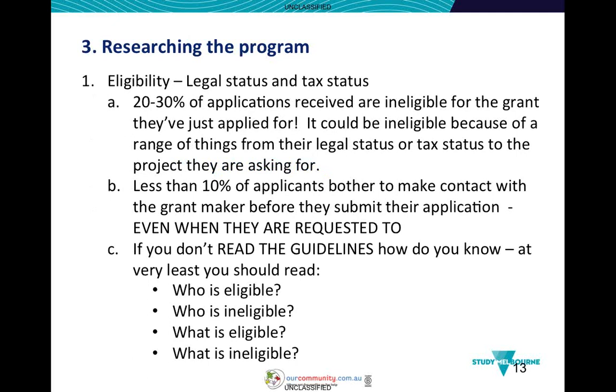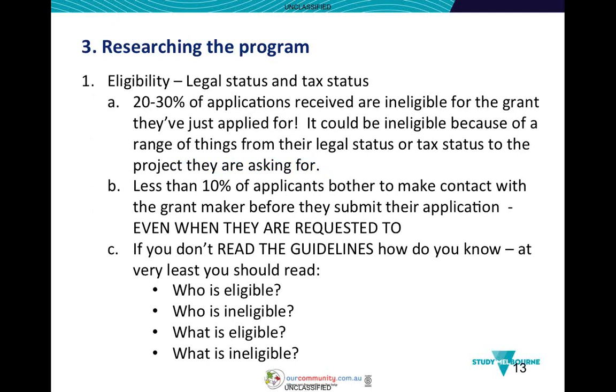Unbelievably, it's amazing, 20 to 30% of applications received are actually ineligible for the grant they've just applied for. And again, they could be ineligible because of a range of things, from their legal status and their tax status, or maybe they're asking for money to fund an activity or an element of the activity, and the funder's already said they won't provide funding for that.